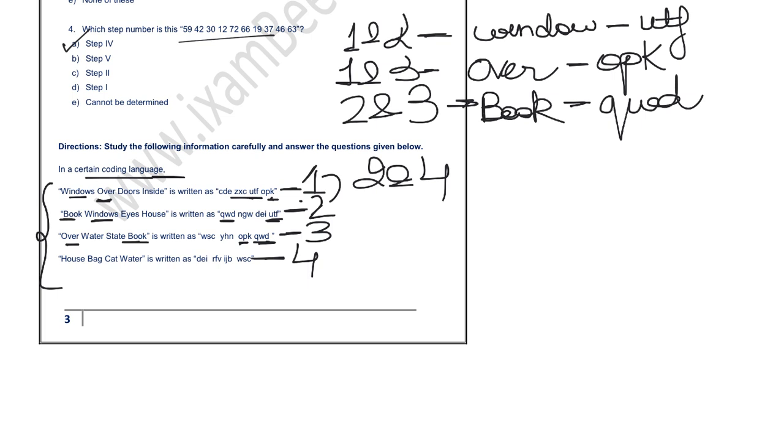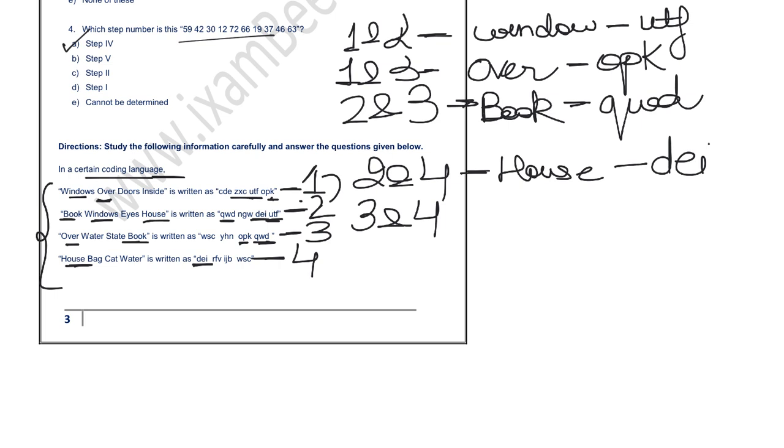So when you compare, you will find that house is common in second and 4. Similarly, you have to look for the common code as well. So if you look for the common code, DEI is common in these both statements. So your house stands for DEI. Now you have to look for statements third and fourth.